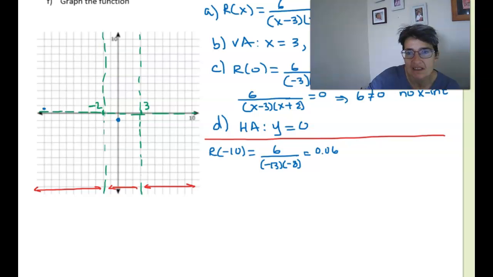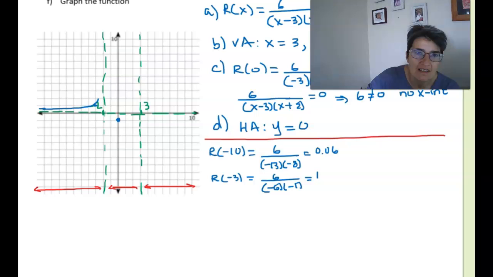Alright, and if I pick something next to the vertical asymptote, like negative 3, we get 6 over negative 6 over negative 1, and this gives me positive 1. Alright, so it looks like this. The function here looks like it's in the positive part. Flat here and shooting up to infinity there.